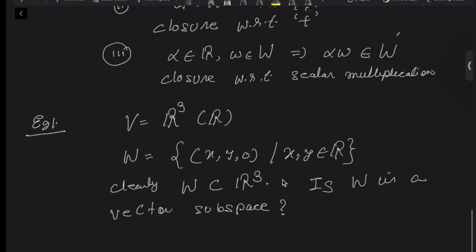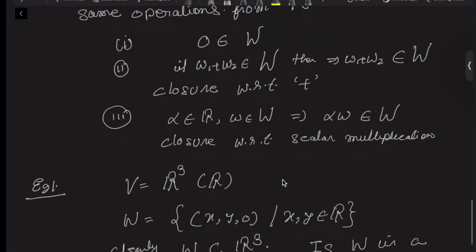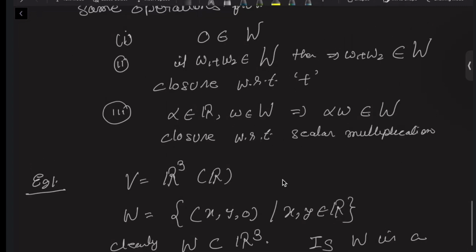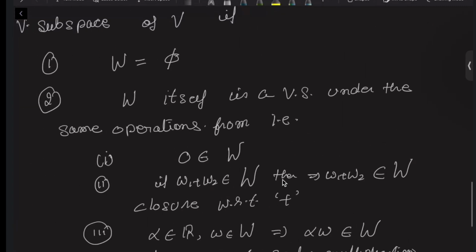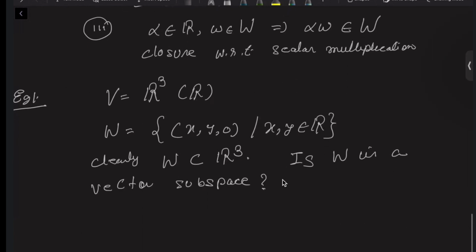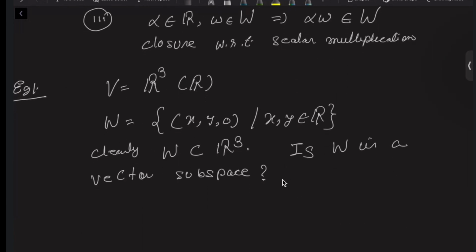Again, to check whether something is a subspace or not, we need to check 2 things. First, that it should be non-empty. So clearly we can see that W is non-empty here, right? Because it has the element 1 comma 1 comma 0, or 0 comma 0 comma 0 is there in W. So it is not empty. Then I have to check that W follows these 3 properties that we have just written above.